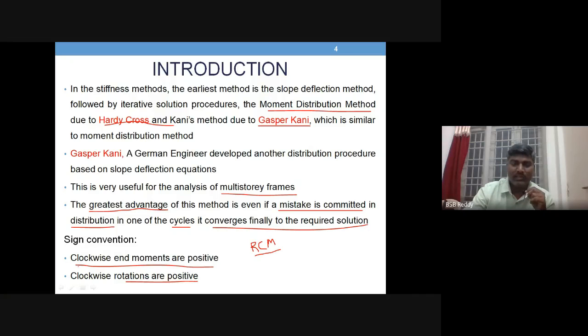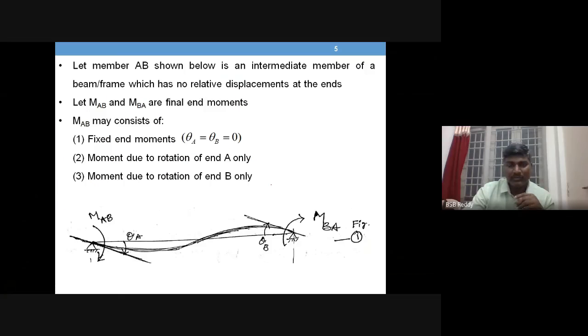Whereas Kani's method, which is a rotation contribution method, is popular with the name Kani's method, which means the advantage of that method is with multi-story frames to be designed manually. So let us see what exactly we do in this method.